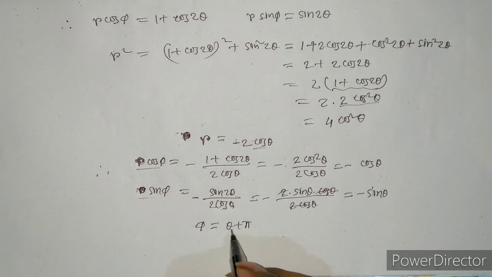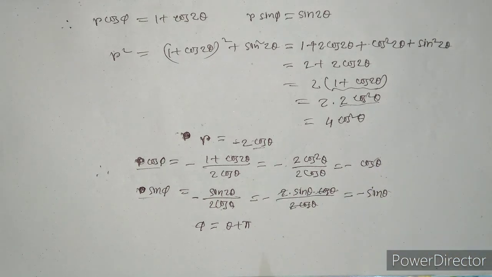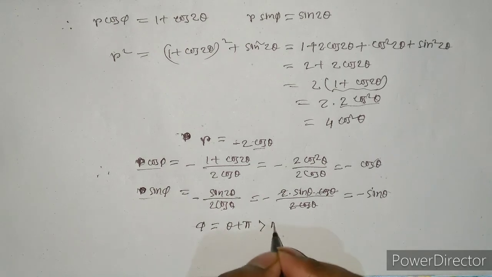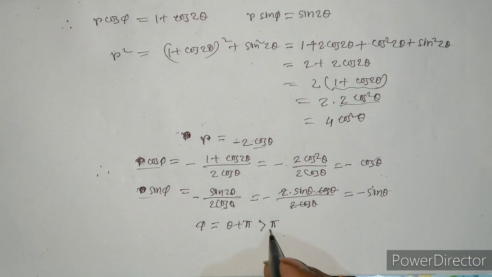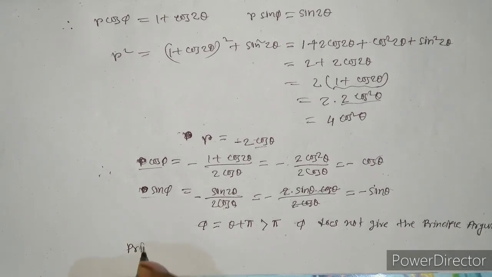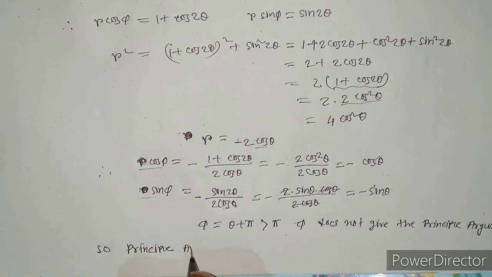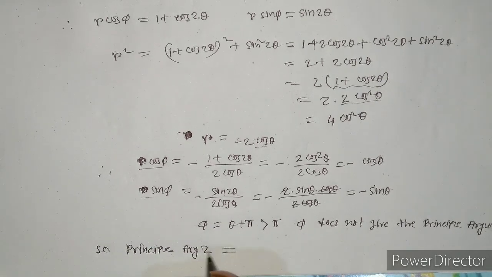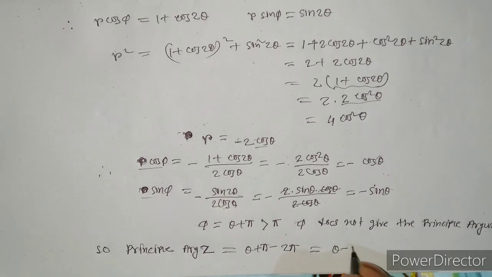As in the previous problems, you have to add pi to this angle, and this is greater than pi because theta is positive, so theta plus pi is greater than pi. So the principal argument equals theta plus pi minus 2 pi, which equals theta minus pi.